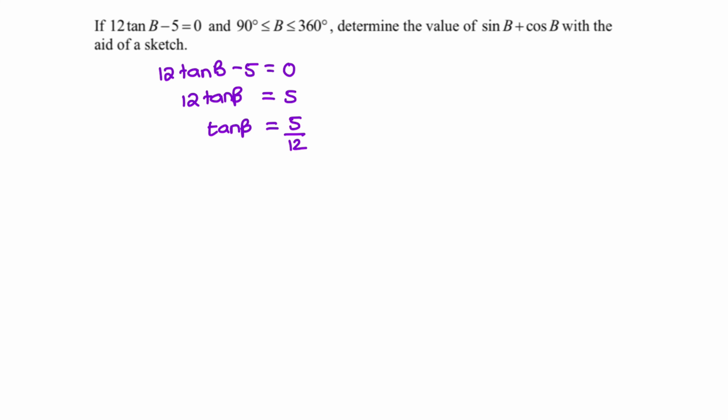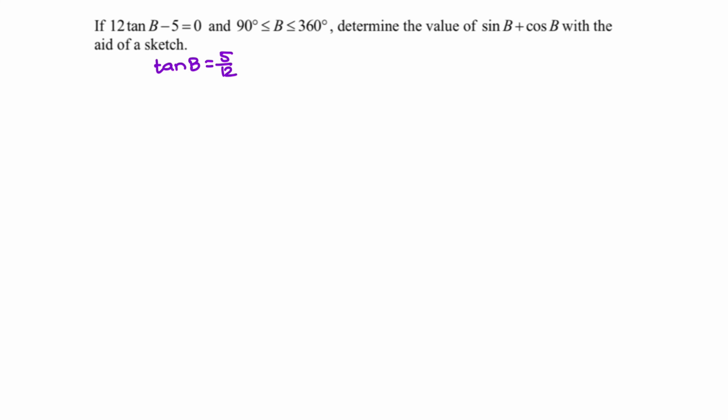We know that the ratio for tan is opposite over adjacent. So the 5 can represent the opposite side of a triangle, and the 12 can represent the adjacent side of a triangle. So I'm just going to keep that in mind. I have that tan b is equal to 5 over 12.